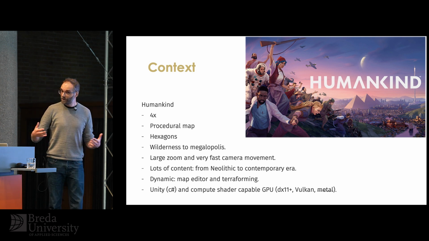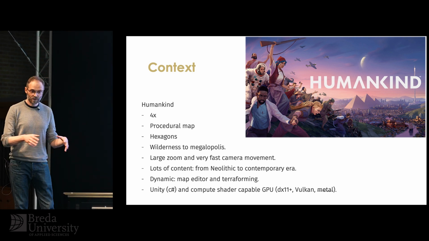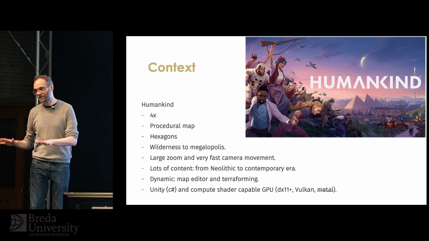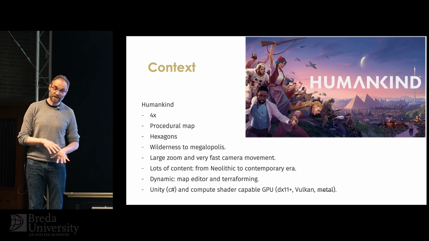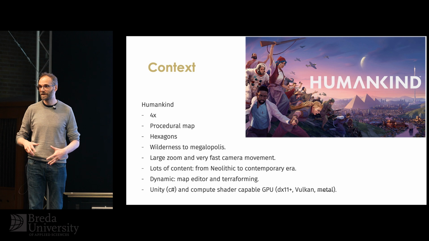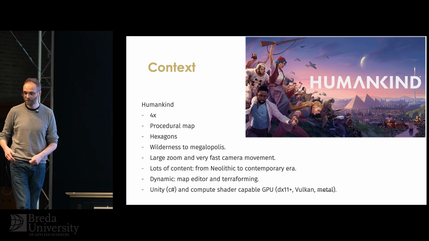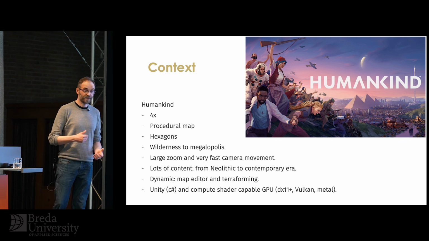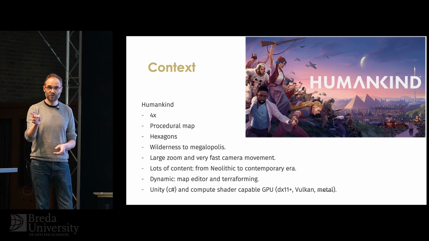There is a lot of content in the game because we start in the Neolithic and we have 6 eras, and in each era there are 10 factions. So that makes 60 factions, a lot of content. And the dynamic: there is a map editor, so you can draw your own map.